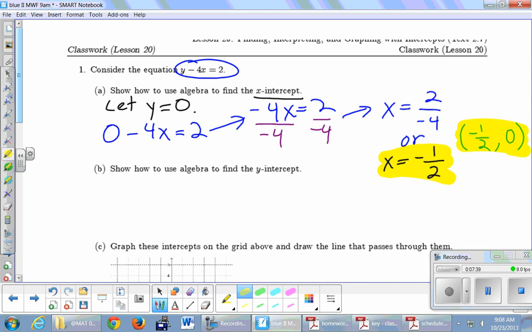Okay, let's tackle B. In part B, we're going to use algebra to find the y-intercept. In order to find the y-intercept, what do we do? Let x equal 0. So that equation up at the top, we copy it just as it is, but instead of the x, we put 0.